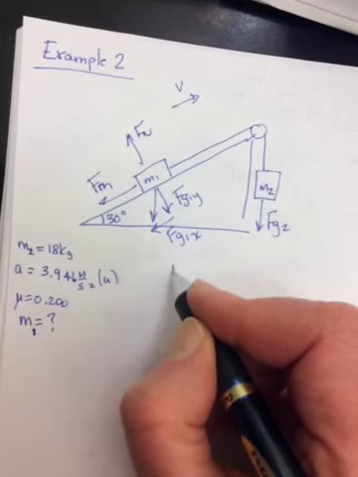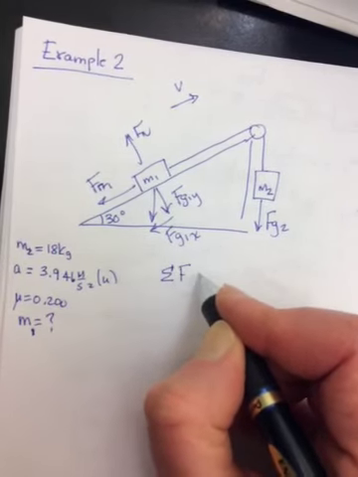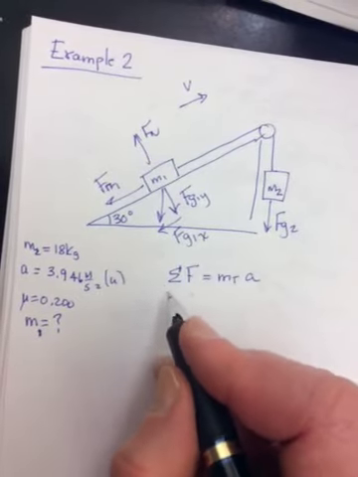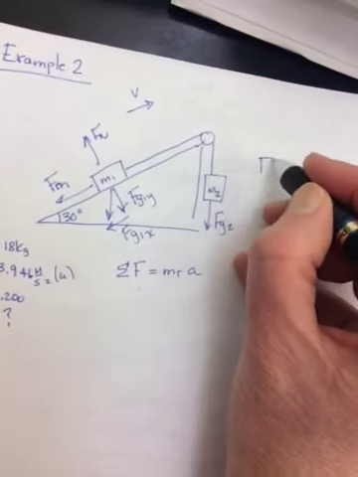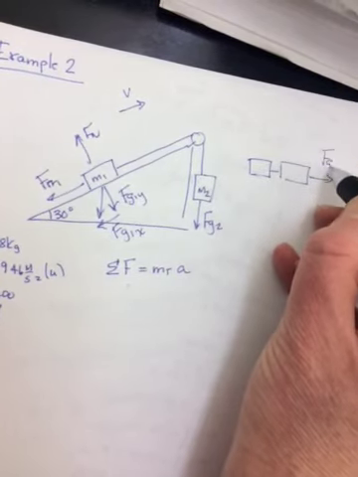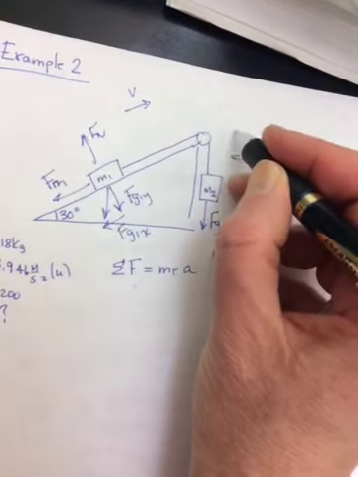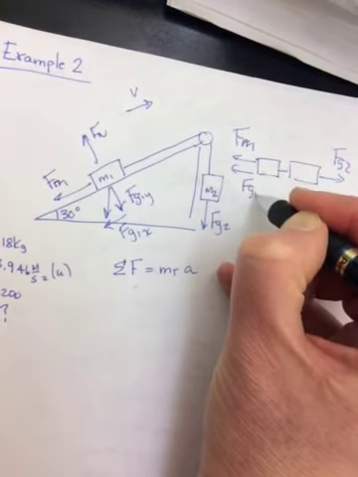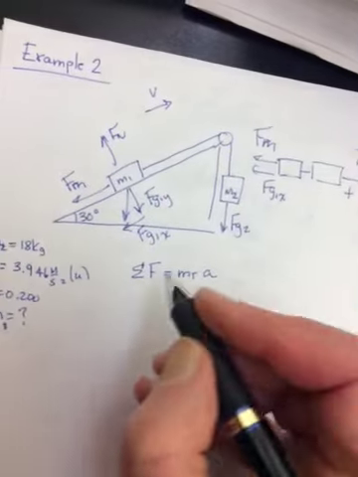Hopefully you're back. Sum of the forces is equal to M total A. Hopefully you were successful. I didn't draw my straight line, but if I did, this time pulling this way is FG2, and pulling back will be friction on 1 and FG1X, and this way is positive.